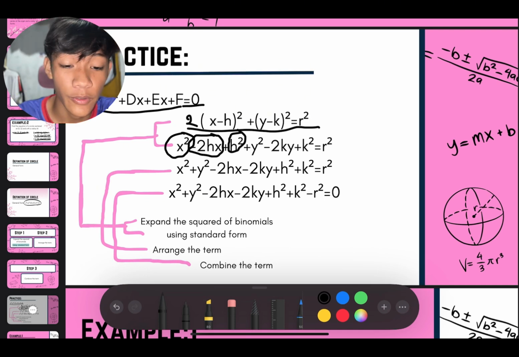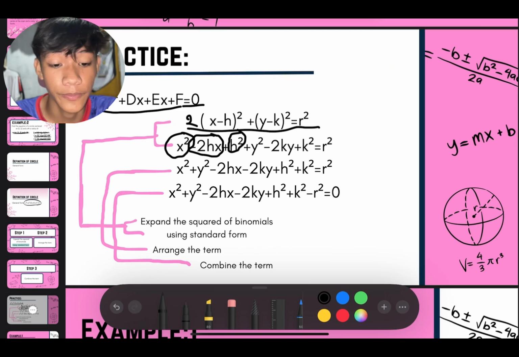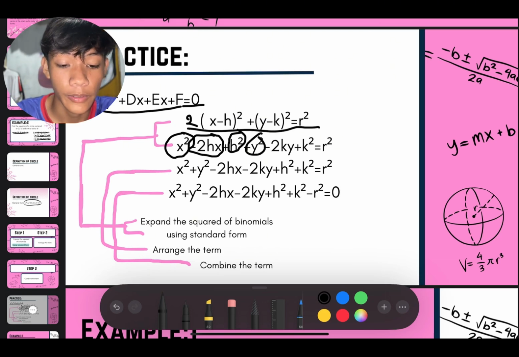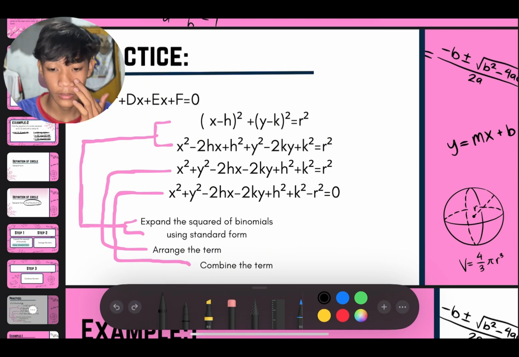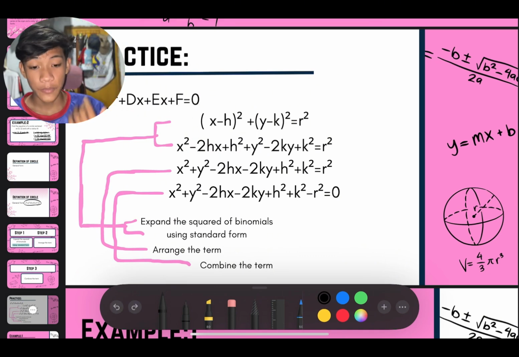Same process for (y minus k): multiply the first term twice, y squared, then multiply the first term and the last term, negative ky, then multiply by 2, so that would be negative 2ky, then multiply the last term twice, so that would be k squared, then r squared. That is the process of how we expand the standard form.